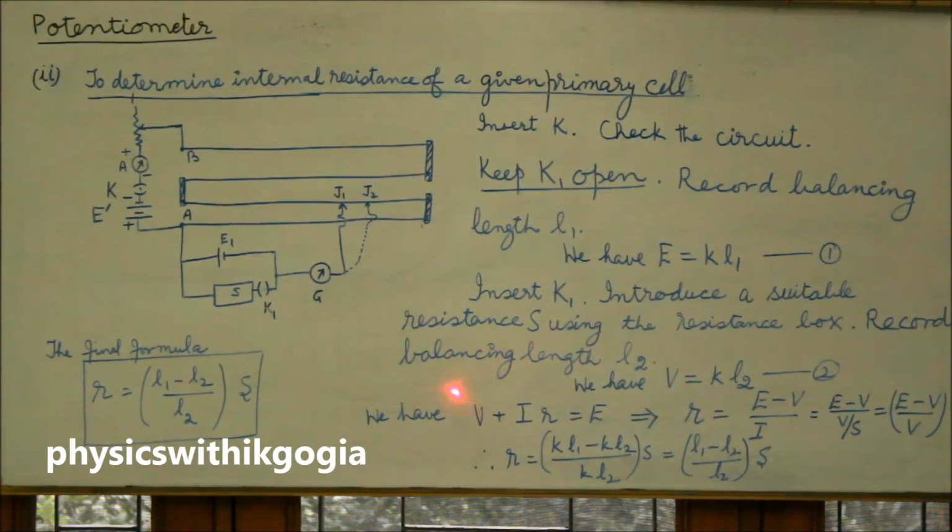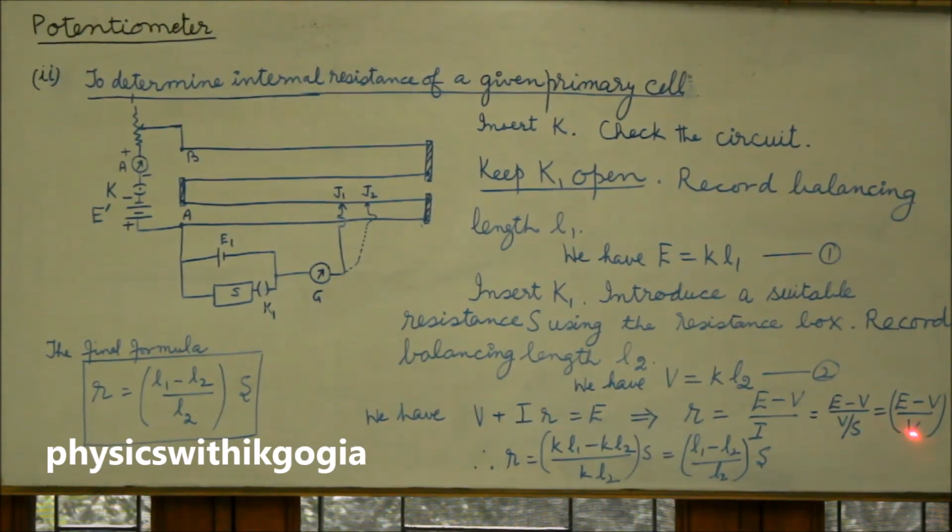We already derived this relation V plus Ir, where small r represents the internal resistance of the cell, equal to E, which implies r equal to E minus V over I. Substituting for E and V here, I is V by S, Ohm's law.